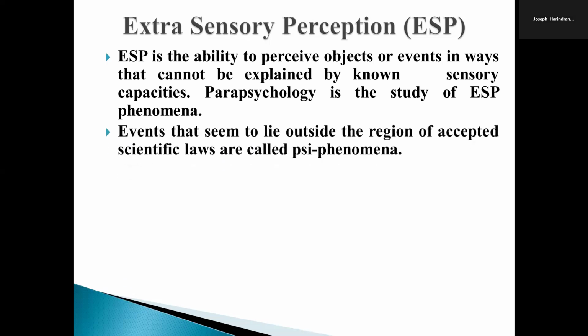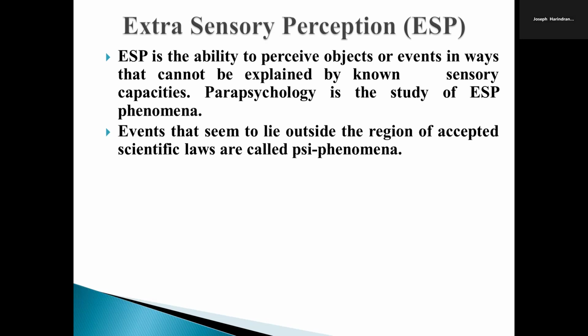Events that seem to lie outside the region of accepted scientific laws are called psi phenomena. The P is silent there. They are not governed by any scientific laws. Something beyond nature that cannot be explained.